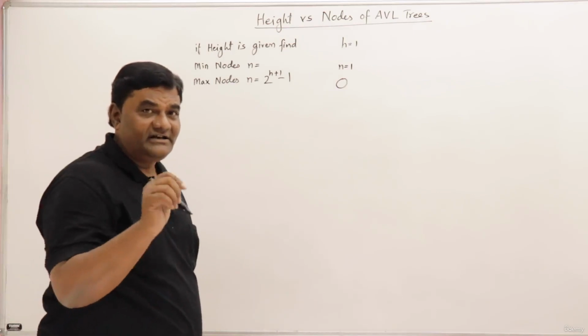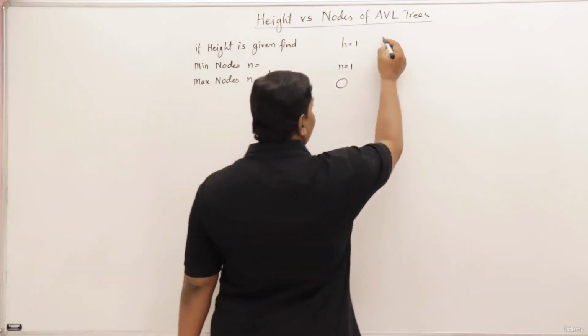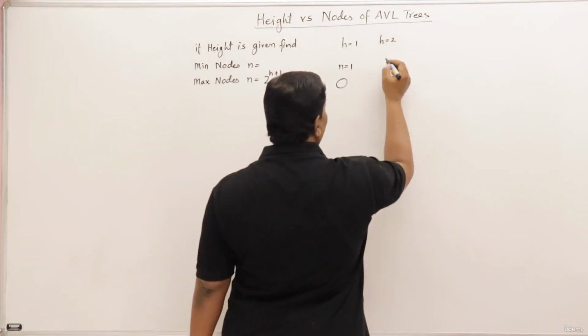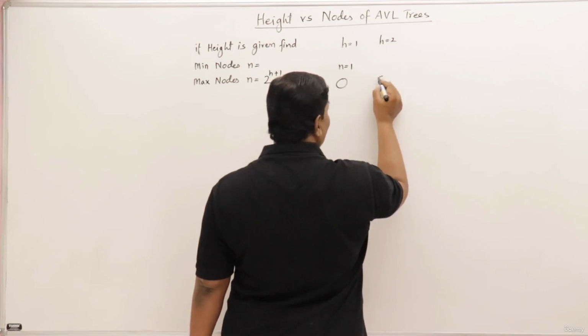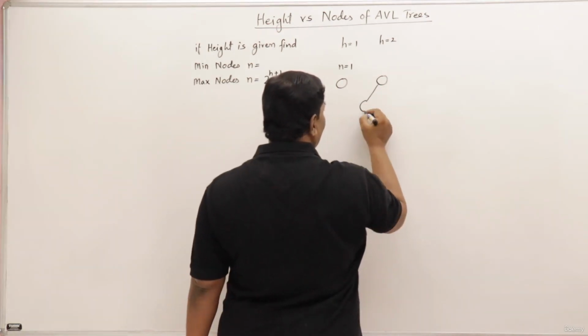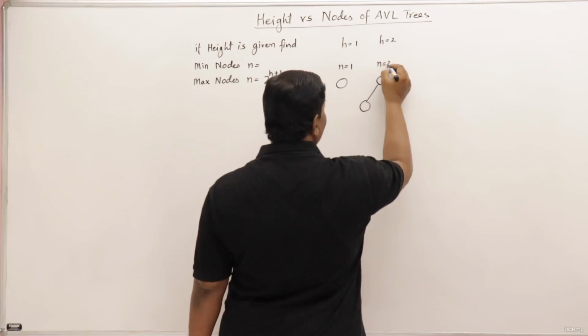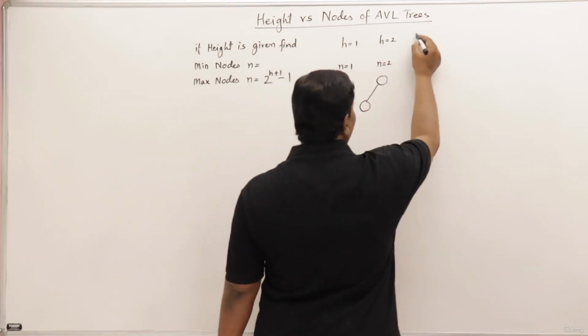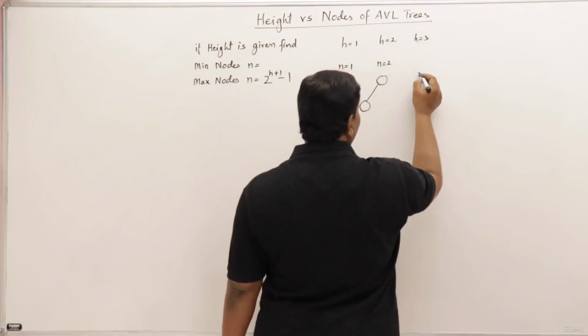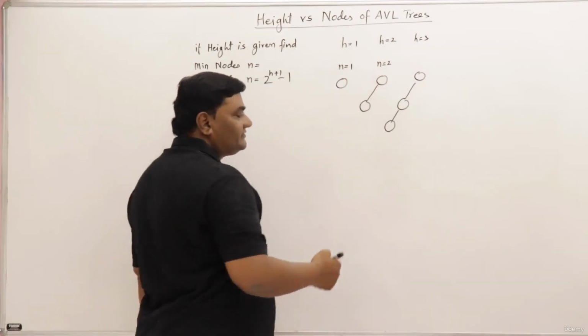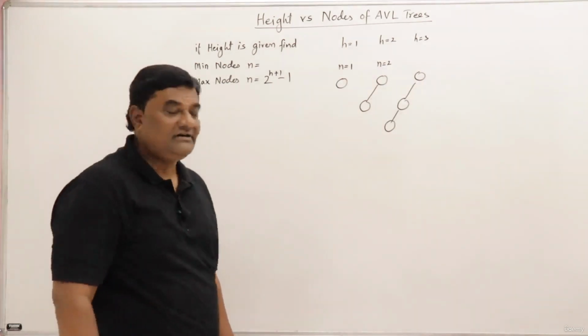Height is not 0, height is starting from 1. The next, if height is 2, then minimum how many nodes required? 2 nodes. If height is 3, then the minimum how many nodes? 3 nodes.